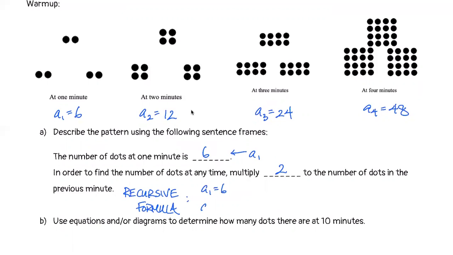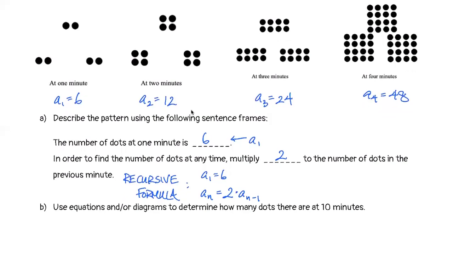And then to get any term, a sub n, we're going to take 2 and multiply the previous term, a sub n minus 1. Okay, so this is our idea for the recursive formula. We tell someone how to start, we tell someone how to get to the next term, and then we leave it up to them to finish that pattern. So you take 6 times 2 times 2 times 2 times 2 until we get to whatever number we want. Okay?